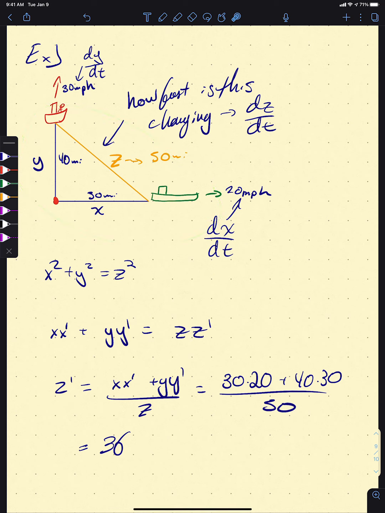If I had just read to you, 2 ships leave port, the one going north is 40 miles away from port and traveling at 30 miles, blah, you wouldn't be able to actually figure this out, or at least it would be much more difficult. But the moment that you start drawing pictures and start seeing the geometric relationship, you can grab Pythagoras, you can realize that this speed is dx dt, and so on. Okay, so definitely draw pictures for related rates whenever you can.